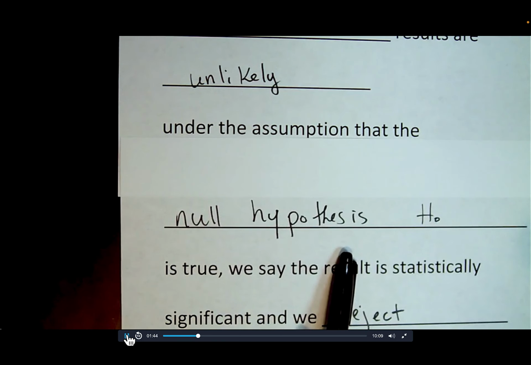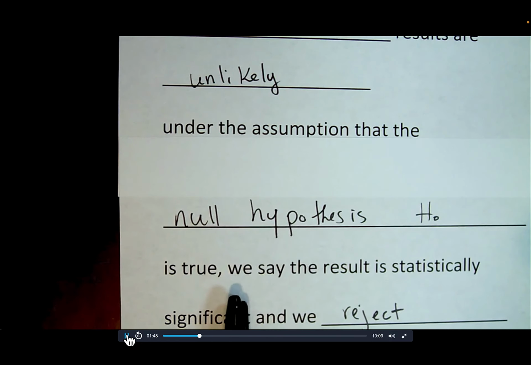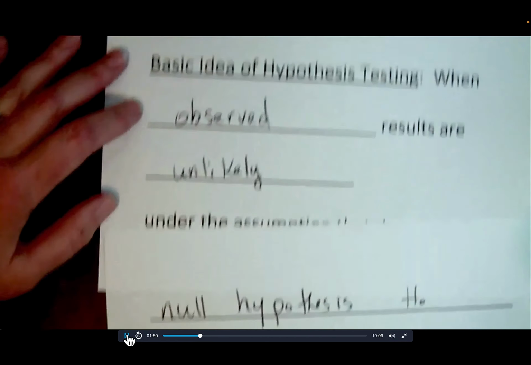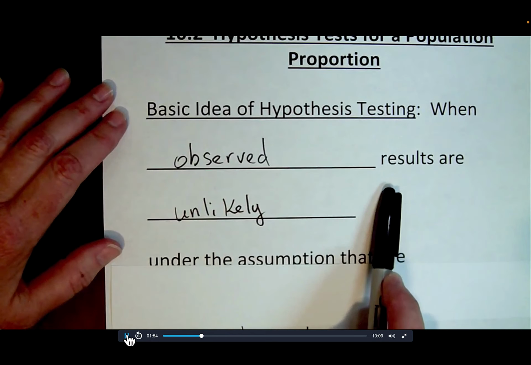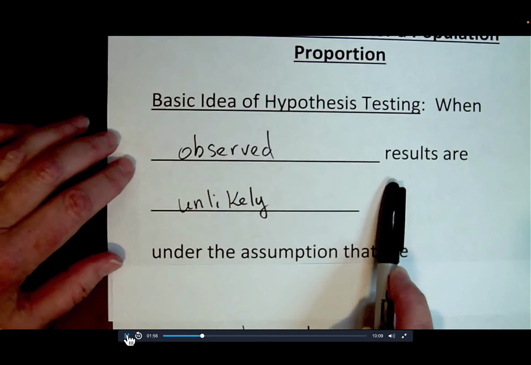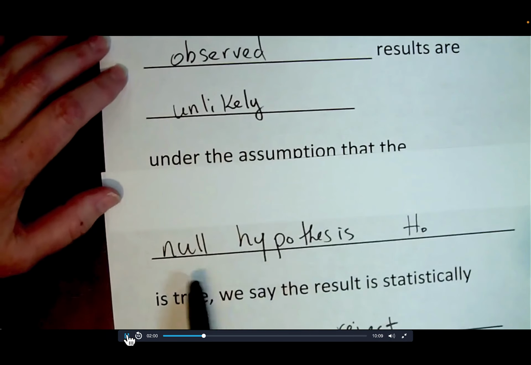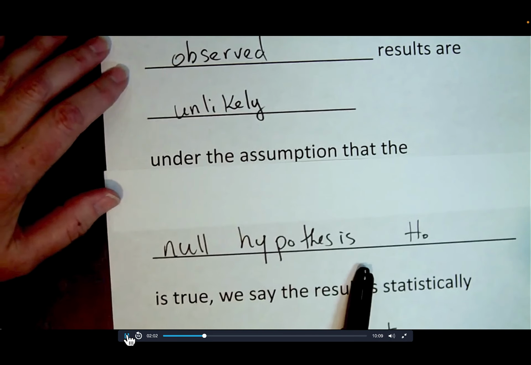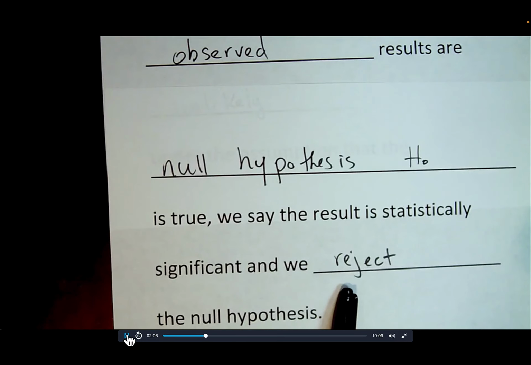So we assume it's true so that we can use it, and then if the observed results, let me just say this very informally, don't tally with our assumption that the null hypothesis is true, then we're going to reject the null hypothesis.